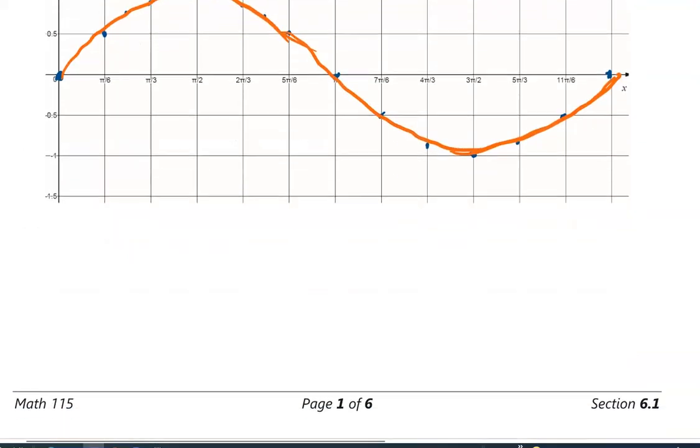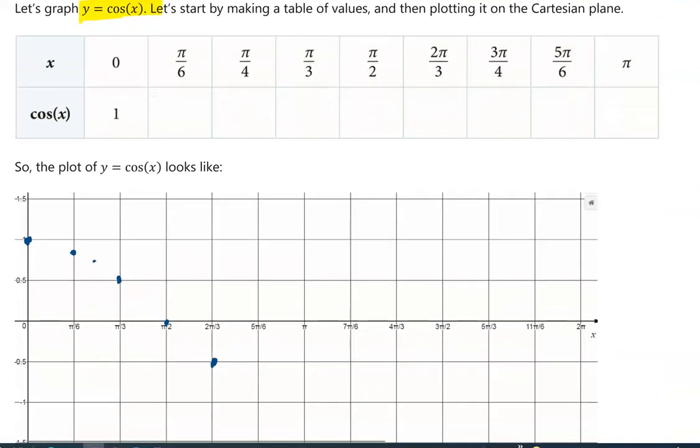So let's use those here. Pi over 6, again, square root of 3 over 2. This is square root of 2 over 2. This is 1/2. Pi over 2 is 0. In quadrant 1, cosine is positive and negative in quadrant 2.